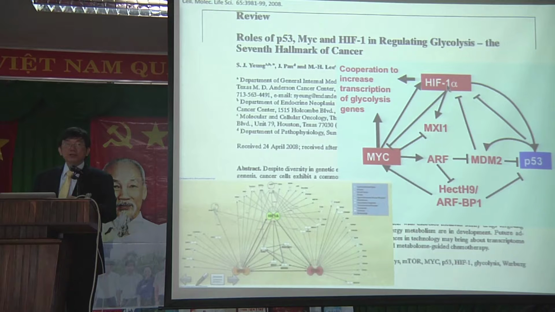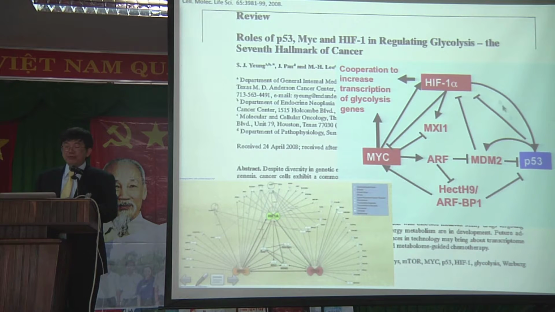And these are the upregulation, increased activity, of HIF1 alpha and MYC. Okay. Also a coordinated loss or decrease in the activity of p53, either by mutation or loss of the genes or inactivation of the proteins.